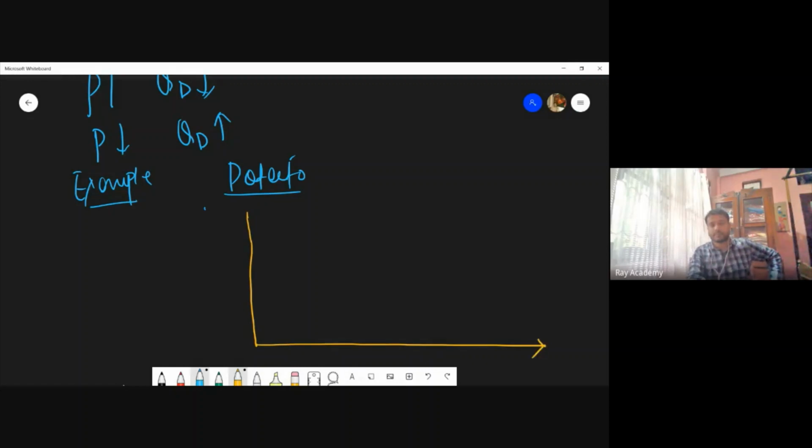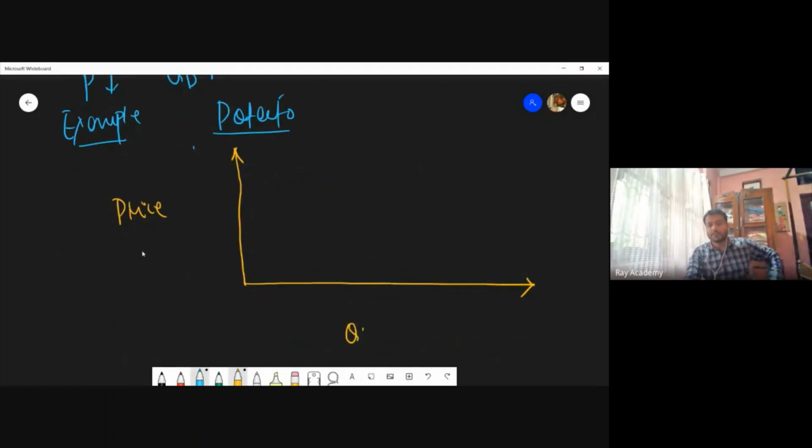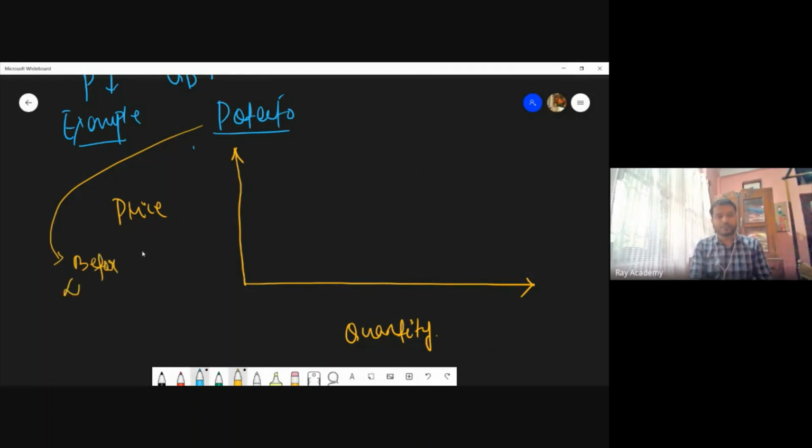Here you have price on this axis, here you have quantity. Now, for example, this potato, let's say I think many of the states are in lockdown. So before lockdown, just an example, keep it as an example only.